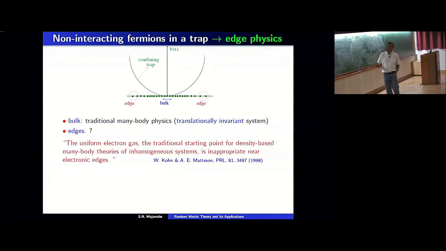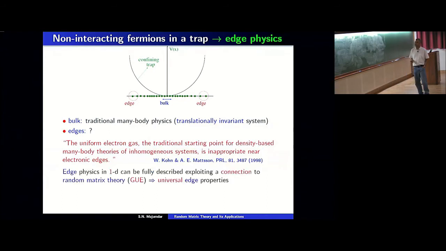What I want to show you during the lectures is that these fermions in a confining harmonic potential can be mapped, in the ground state, exactly to the eigenvalues of a Gaussian unitary matrix, meaning a complex Hermitian matrix with Gaussian entries.